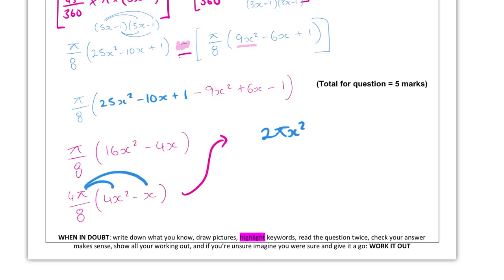Then 4 pi over 8, which is a half pi, times this is negative pi over 2 x. However, I need to solve this, so I'm going to factorize it again. I just confused myself. Right, so what do they have in common? A pi and an x. Then I'm going to get (2x − a half).